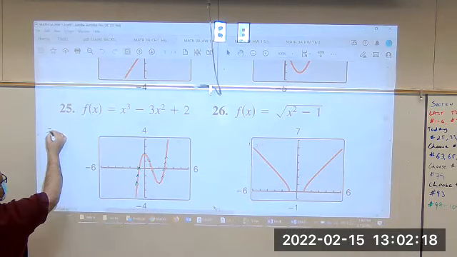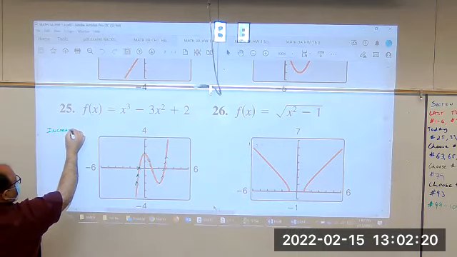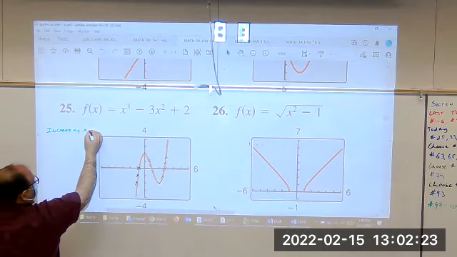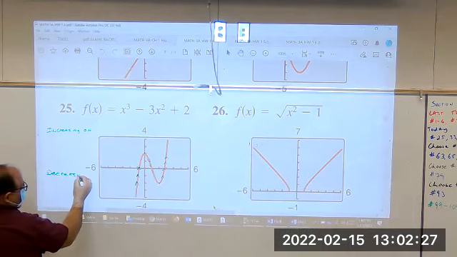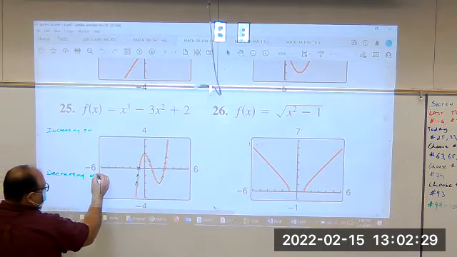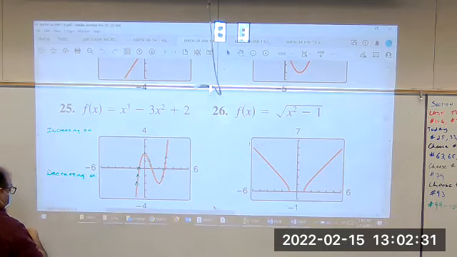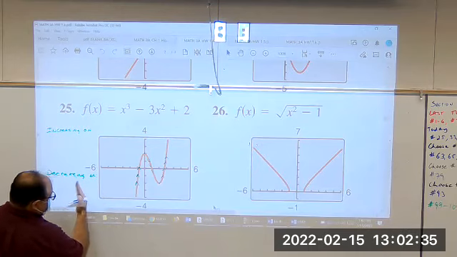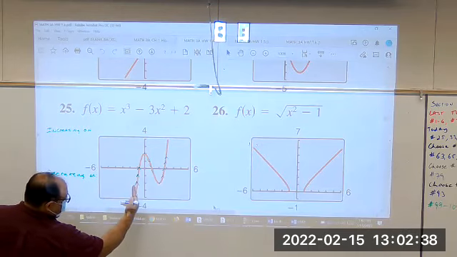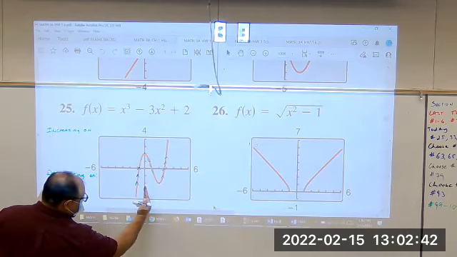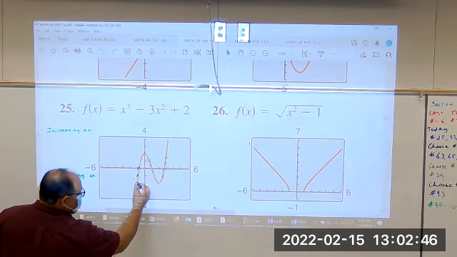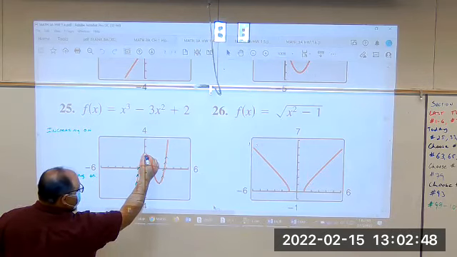So increasing on, decreasing on. It's increasing. I'm just going to go left to right on the interval from negative infinity until we get to what? Because as you can see, it's going up, up, up, and then it stops.